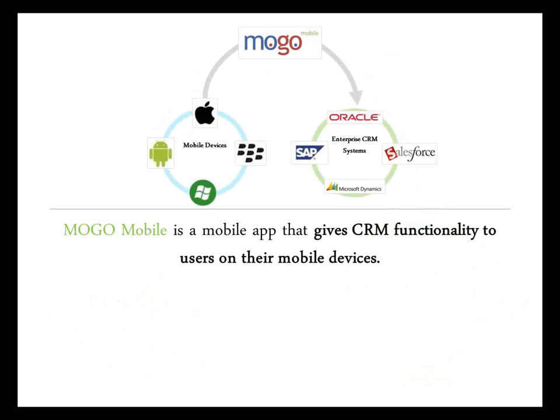So first, on MoGo Mobile, one of the issues that you probably have and that we continually saw with users in the field when it came to mobile applications is, hey, there was a ton of mobile applications on the market, and they even synced to existing CRM applications, specifically like SAP. But a lot of our customers and some of your users may be complaining as well that the mobile apps just try to replicate these CRM applications on a mobile device.